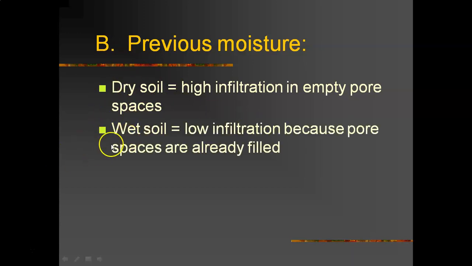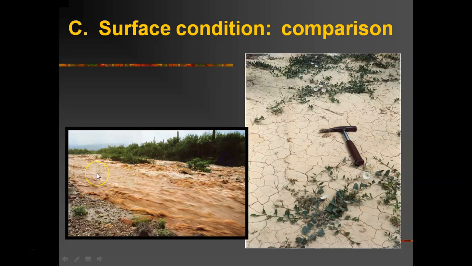Now, if we have periods of heavy rain for weeks on end, the pore spaces are filling up and filling up, and then you're finally at capacity and you're getting more rain. So you're going to wind up with low infiltration and surface flooding, because the pore spaces are already filled. I know you've seen that before when we have really wet conditions.